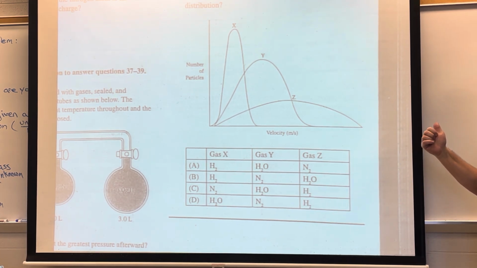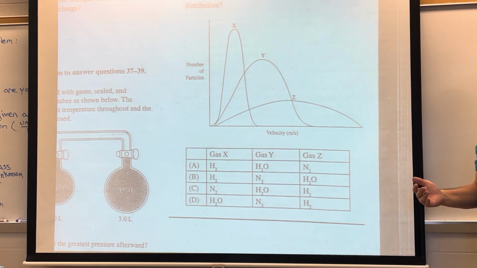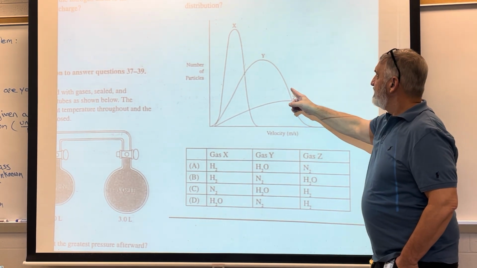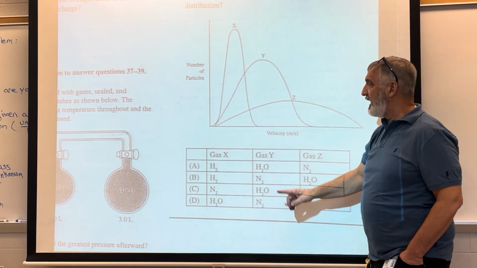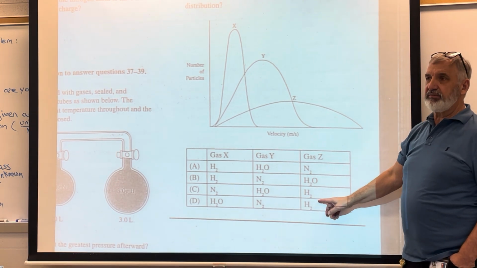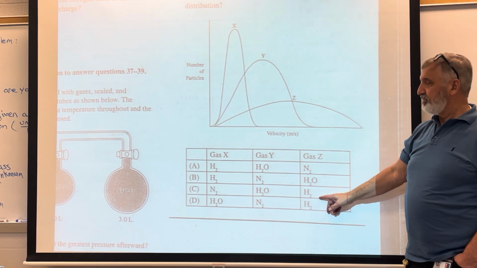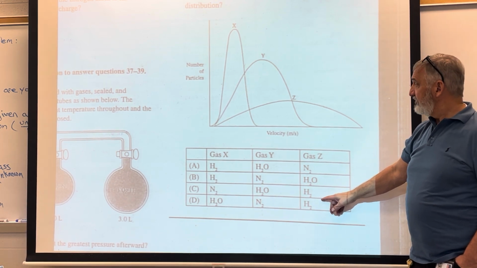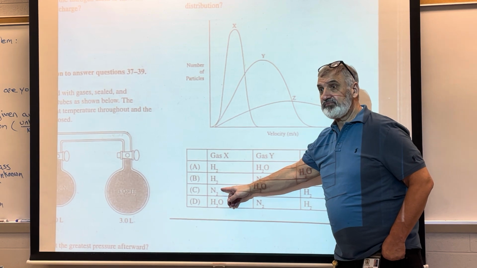Is that going to be the heaviest or the lightest? Lightest. If you have a big mass, you ain't going fast. So Z is the lightest, X is the heaviest. We know Z is going to be hydrogen, because hydrogen is always the lightest. Nothing gets lighter than hydrogen. Between the others you have 18 and 28.